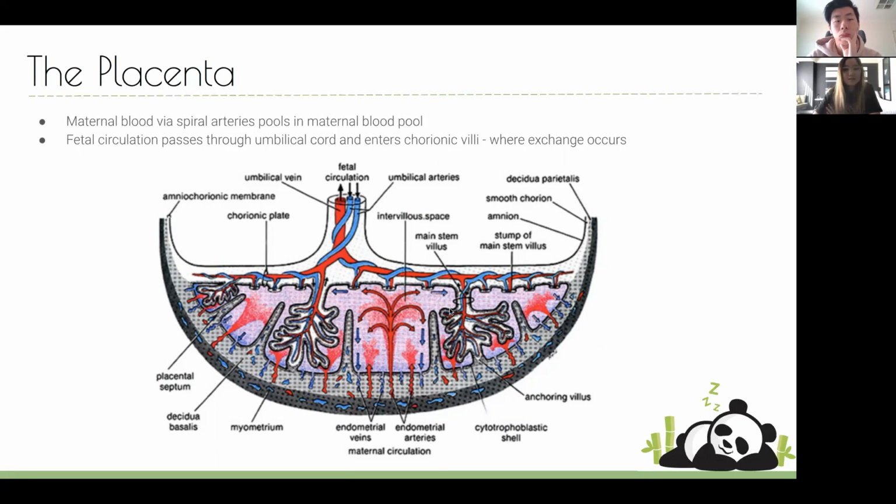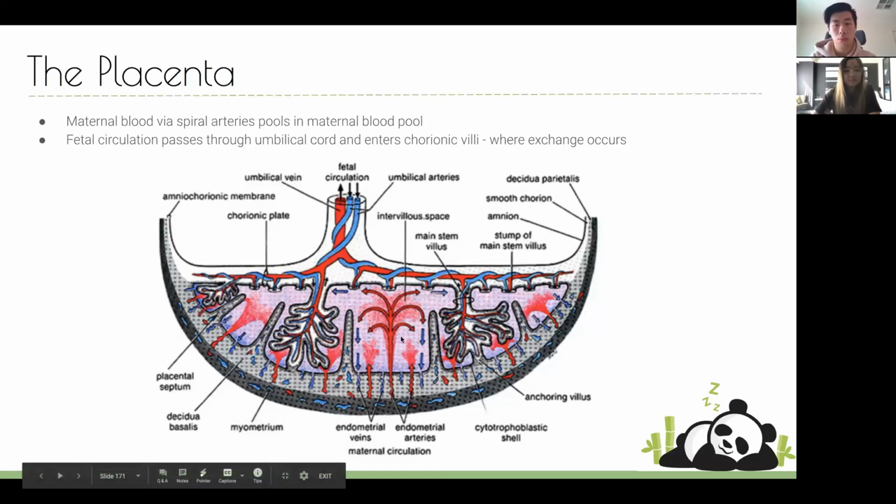And they're kind of like the villi in your GI system in that they stick out to increase their surface area and exposure to the outside world where they want to exchange things. And so the outside, this whole bit on the inside, is your maternal blood. And essentially things just work via diffusion, right? And blood is entering that bit via the maternal uterine or spiral arteries, like that. And that's how everything works.